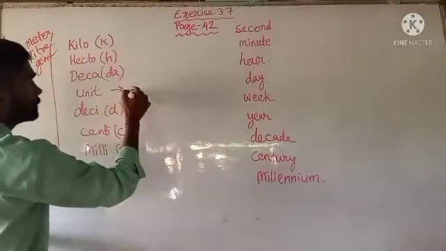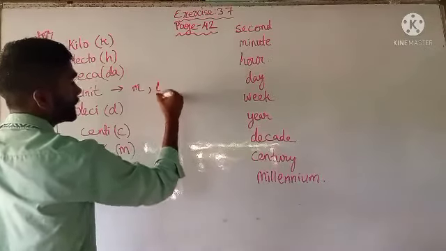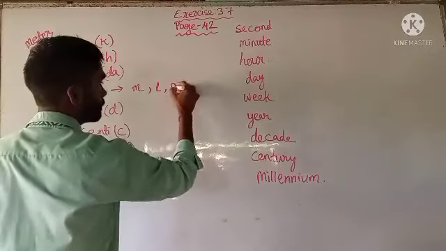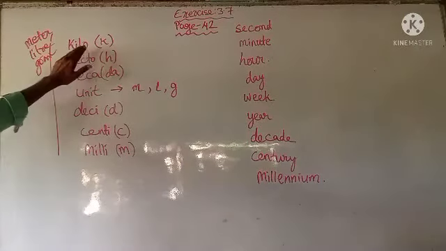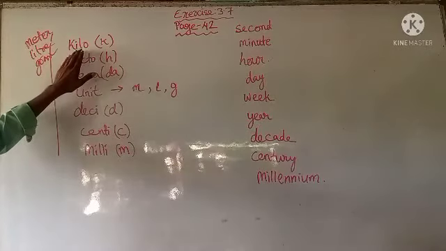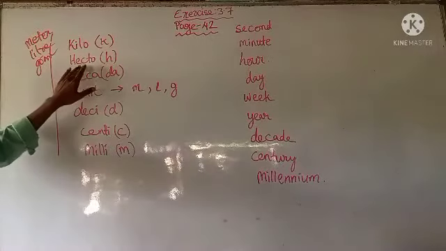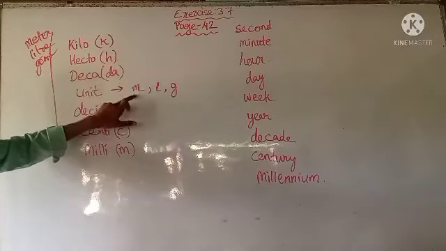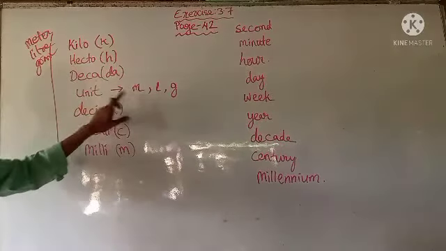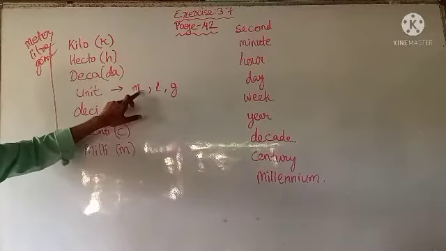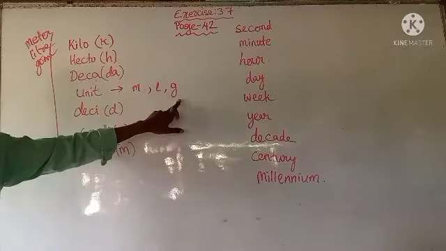When we say meter, it is expressed as kilometer, that is km. For hecto, that is hm. For deca, it is dam, for decameter. And the unit itself is m for meter, l for liter and g for gram.